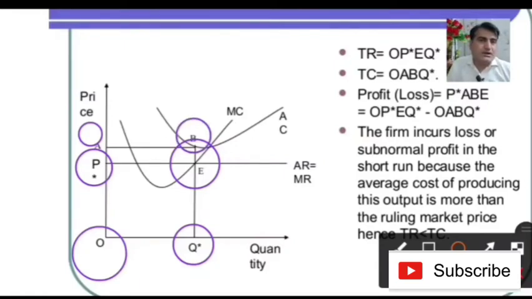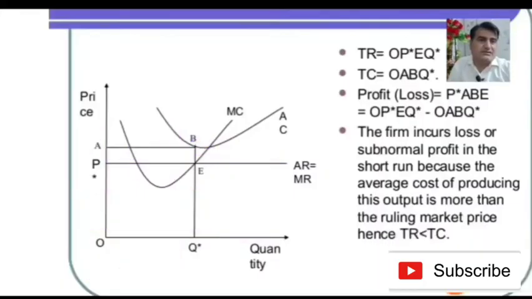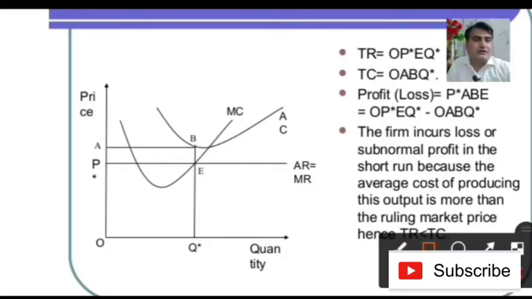By deducting the total revenue from the total cost, there is a loss equal to this portion. This is the loss. So it means the firm incurs loss or subnormal profit in the short run because the average cost of producing this output is more than the ruling market price. Hence total revenue is less than total cost.